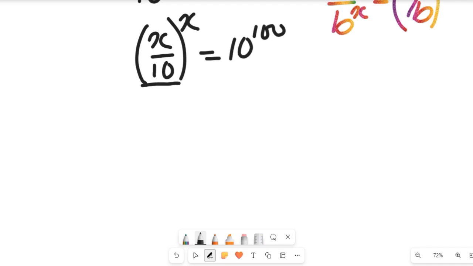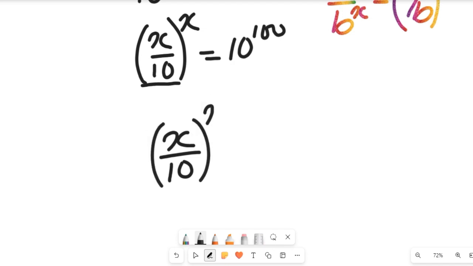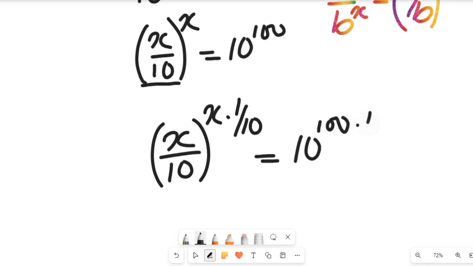Now let's try that. We'll have x divided by 10 all to the power of x multiplied by 1 divided by 10, right? And this will be equal to 10 to the power of 100 multiplied by 1 divided by 10. Great.